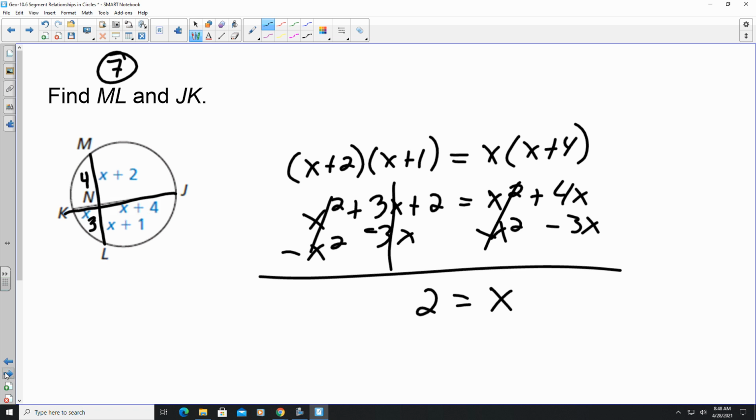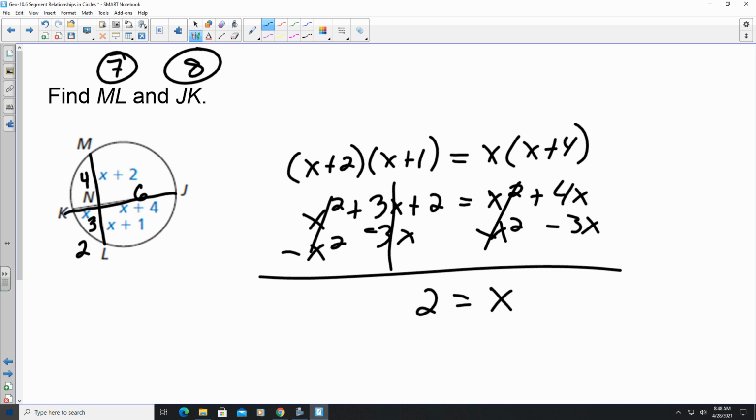JK is going to be 2 plus 6, so that gets us 8. And it makes sense. 2 times 6 is 12. 4 times 3 is 12. It shows that that theorem does, in fact, work.